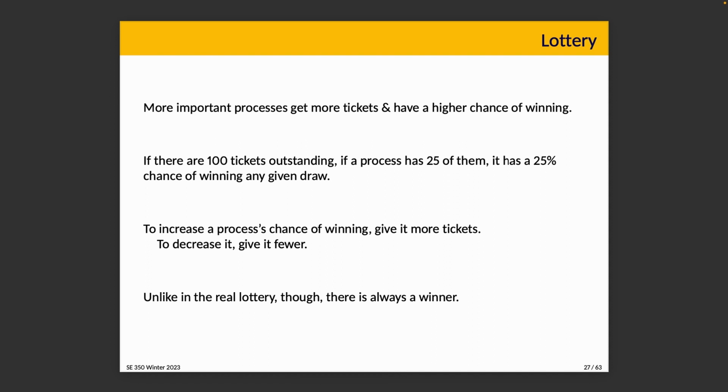And it's not that processes go and buy tickets and hold on to them. The operating system knows that if the range of process A is from 0 to 12 and the random number generated falls between those values, then process A is selected to run. So don't get too caught up in the lottery analogy.